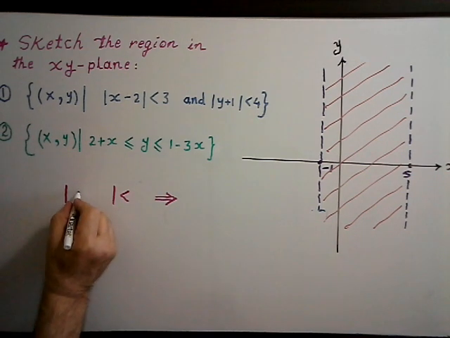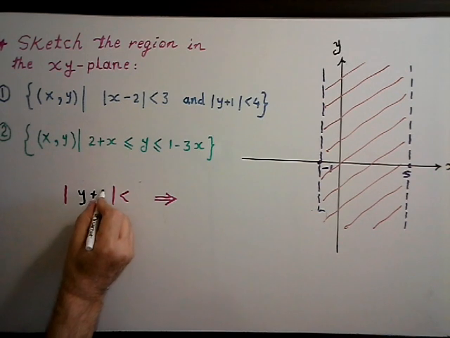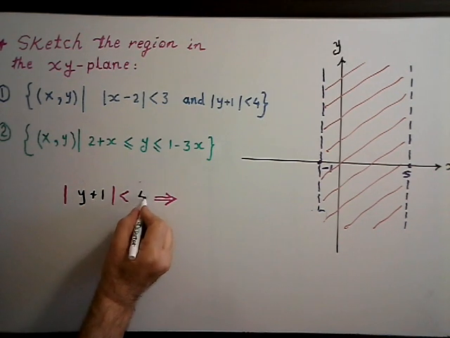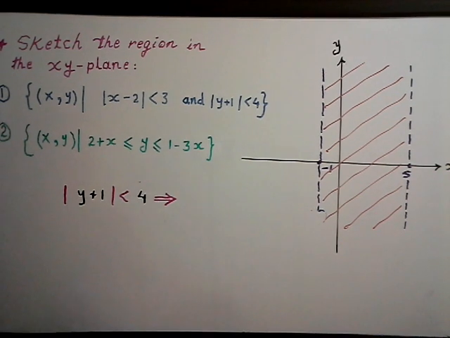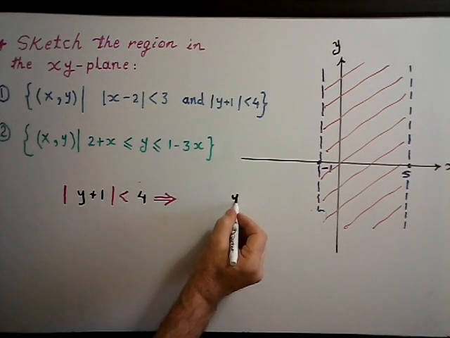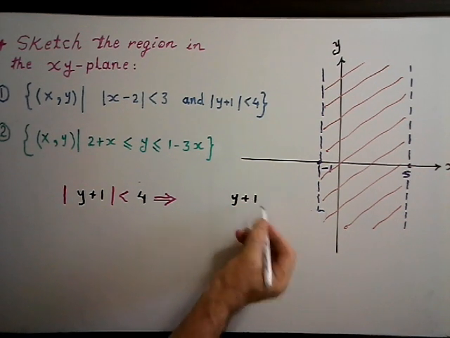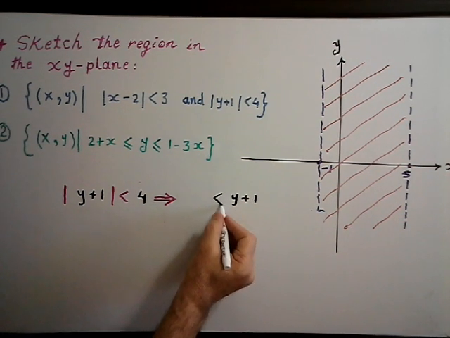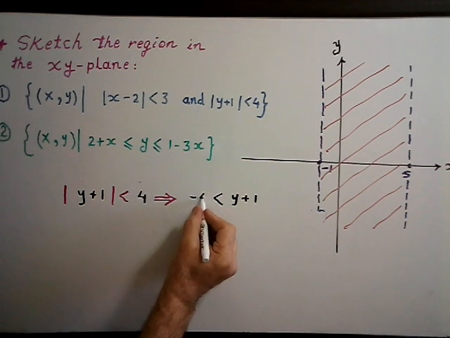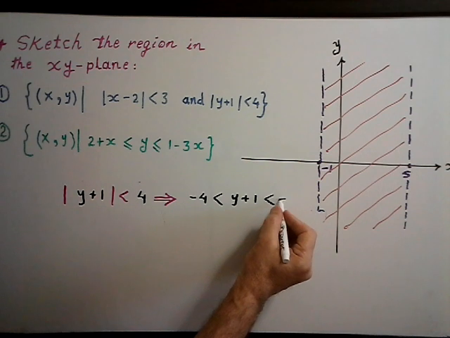Y + 1 is less than 4, which implies that y + 1 is greater than -4 and less than +4.